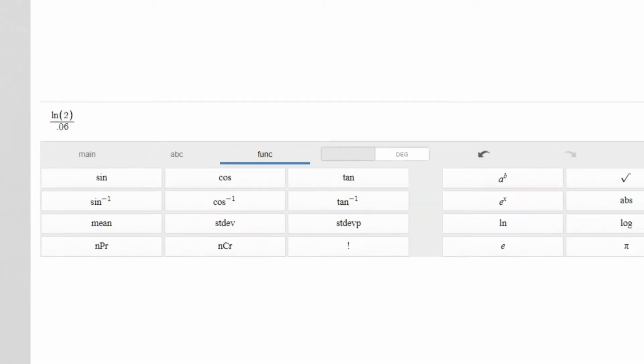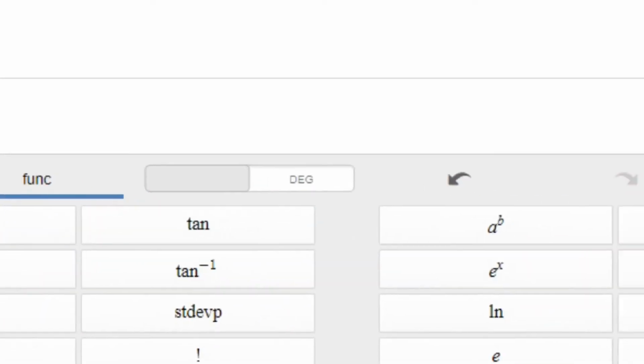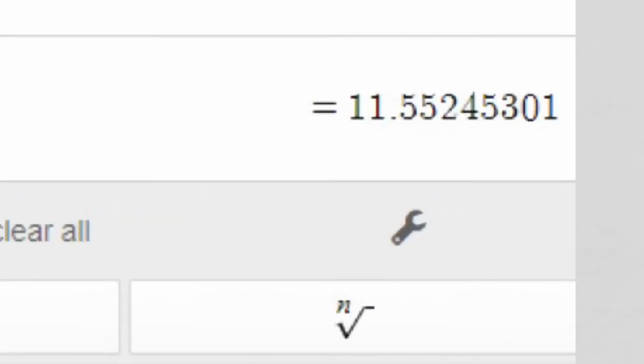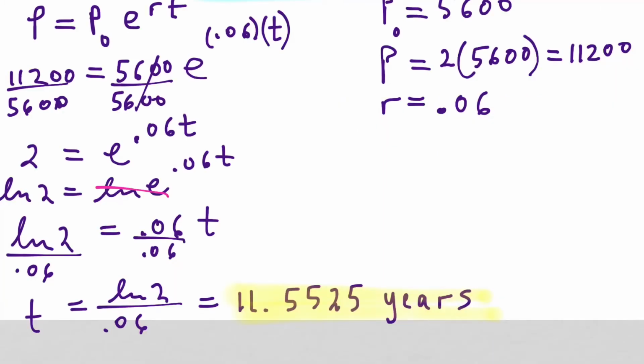I'm punching in ln of 2 divided by 0.06, and I'm getting 11.5524. For our homework reader, you want to keep 4 digits to the right of the decimal point unless told otherwise. So this is our answer: 11.5525 years is how long it takes for our initial investment to double.